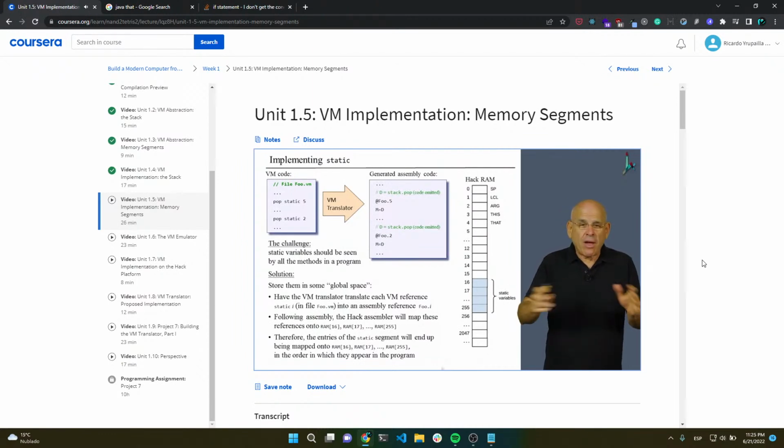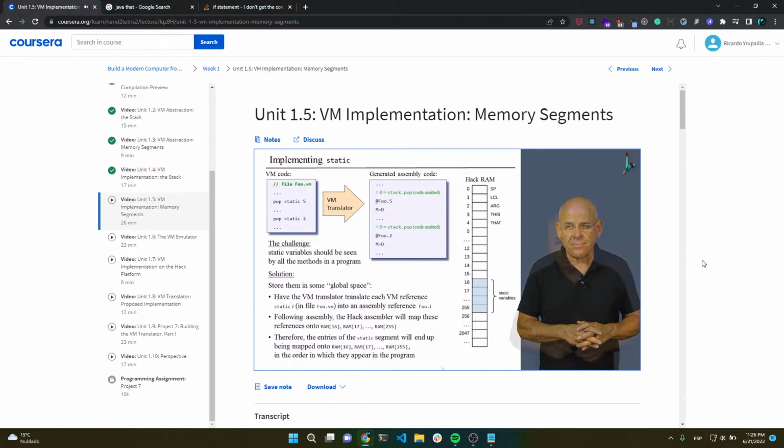So once again, up until now, everything that I said can be implemented on any computer out there, not necessarily on the Hack platform. And yet, if you want to implement the static segments, you have to find some other tricks to do it if you decide to implement our virtual machine on a computer which is not a Hack machine.